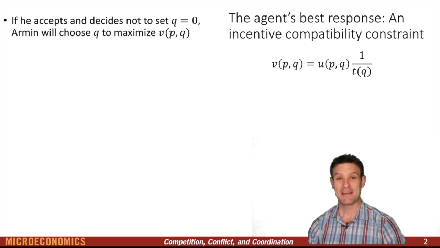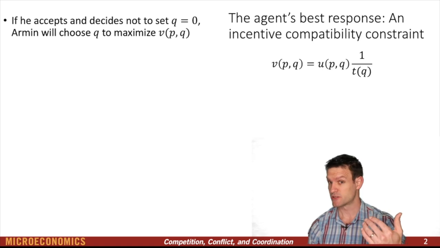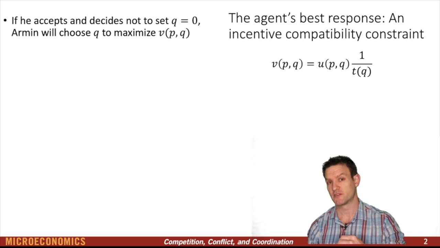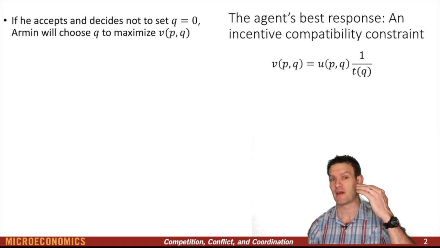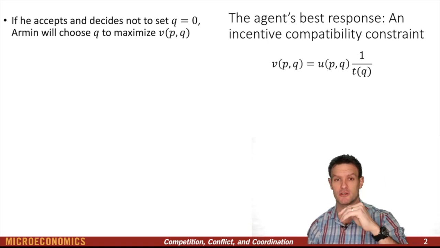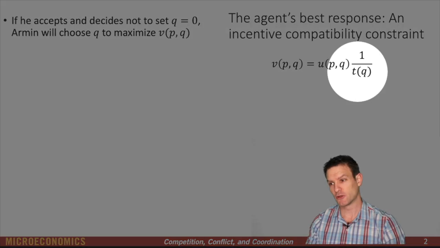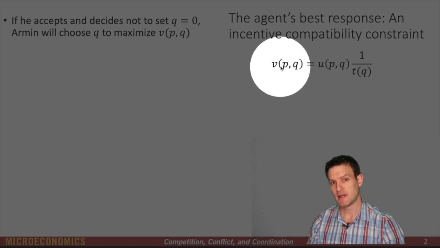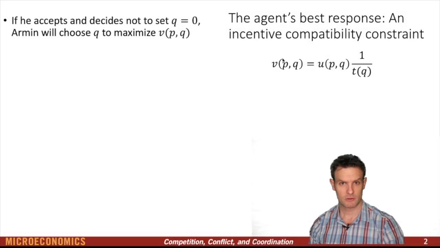Okay. So if he accepts and decides not to set Q equal to 0, Armin is going to choose his level of quality to maximize his value. So that involves taking V(P,Q) and maximizing that function with respect to Q. So if we look at V(P,Q) here on the side, he's going to take that, differentiate with respect to Q, and set it equal to 0. When he does so, he is going to be maximizing his utility.